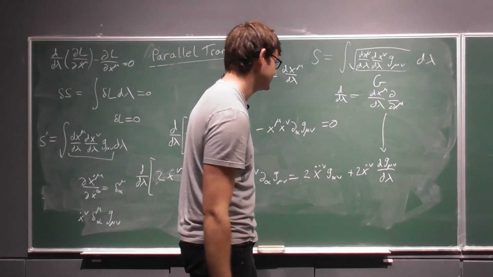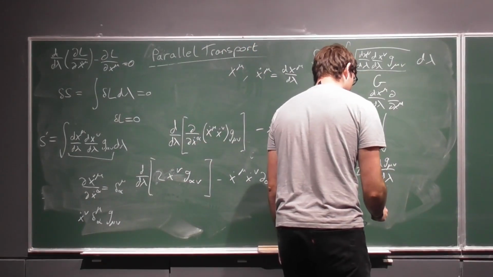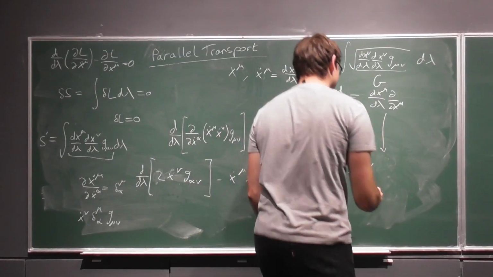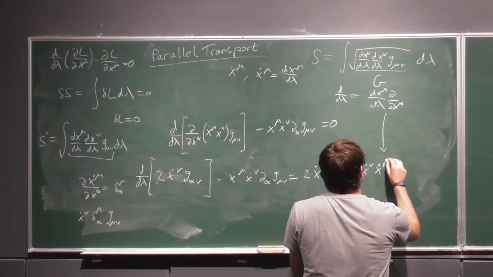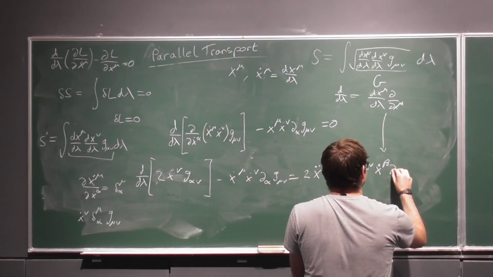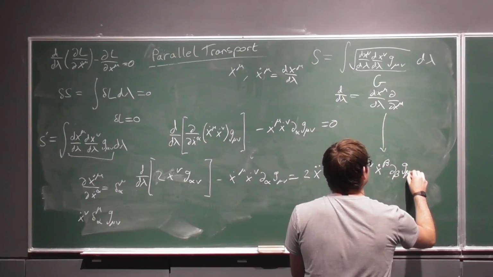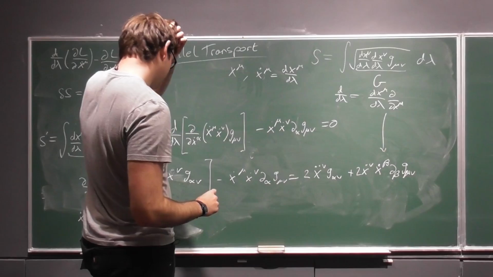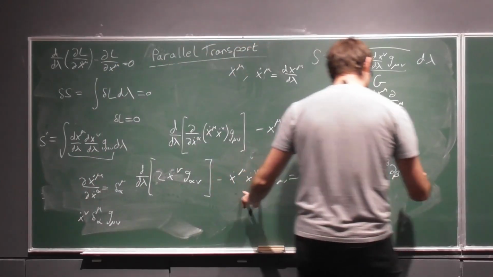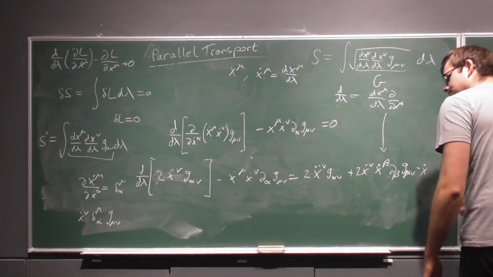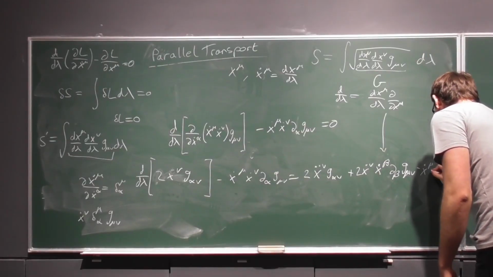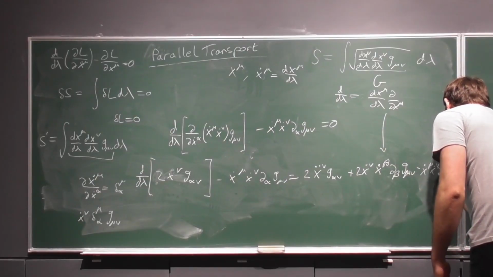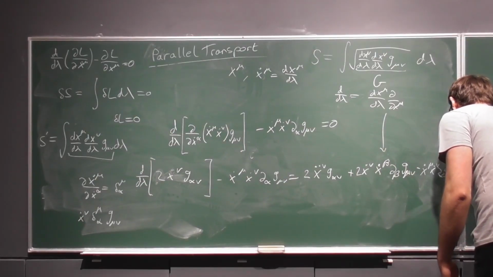But we have to be careful to not use the same index mu. So we can write this as x dot with a beta, and this is d beta g mu nu. Then that is minus this term, mu x dot nu, the alpha d mu nu.